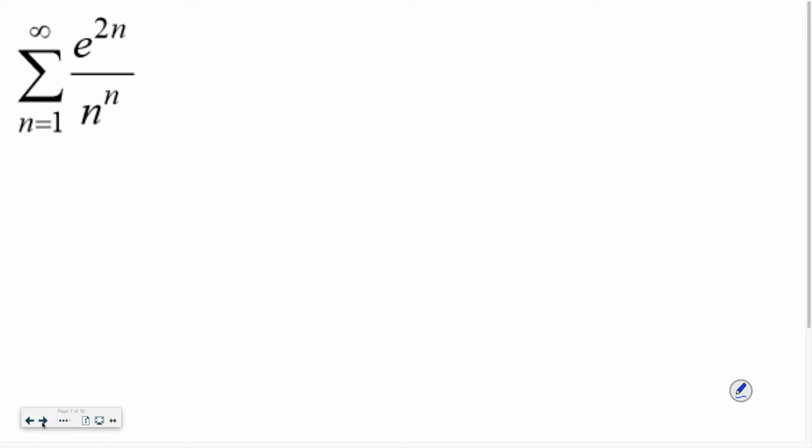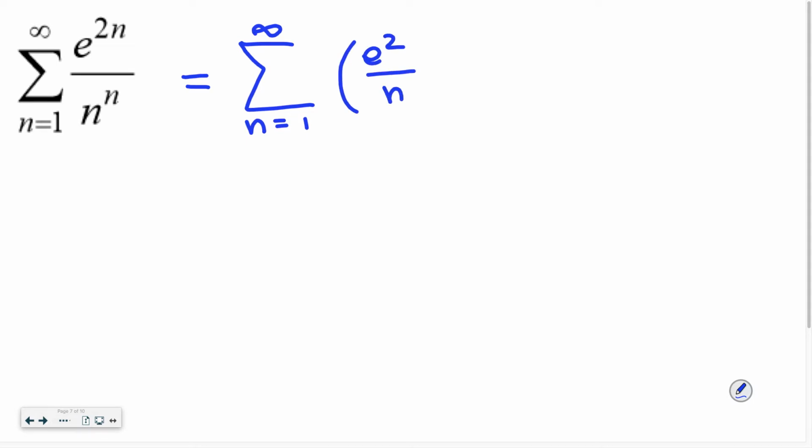Okay, so if we reorganize this, we can see that this is e squared over n to the n power. This is a problem if we did not know the root test, because while this looks geometric, there's an n inside. We don't know if our r is less than 1 or greater than 1 because it's n. So our only option is the root test.